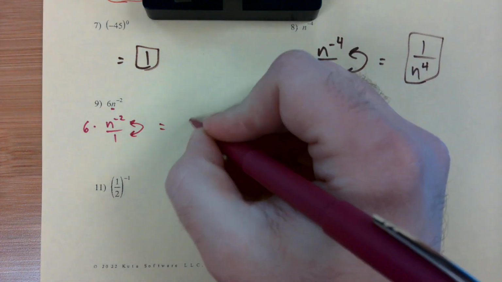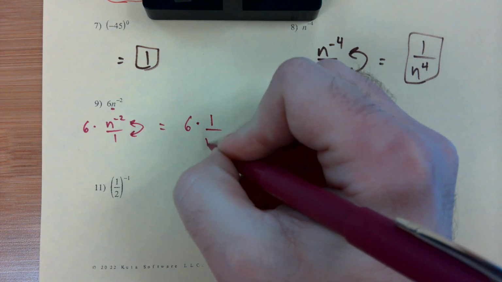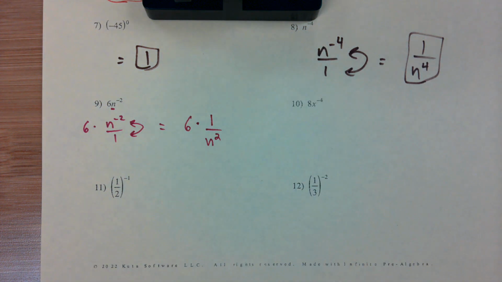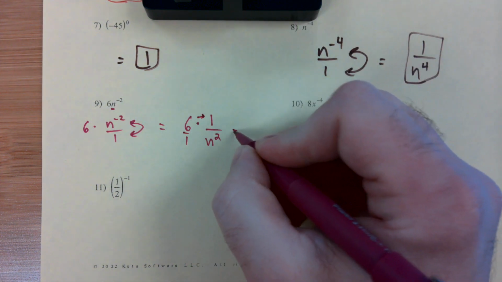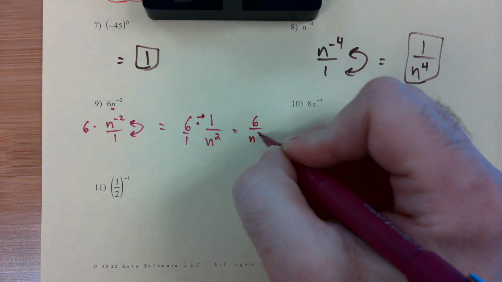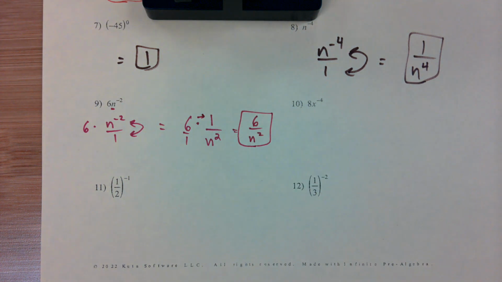Flip these around and we get 6 times 1 over n to the positive 2. And 6 is just like 6 over 1, right? So if we multiply across, we get 6 over n squared.